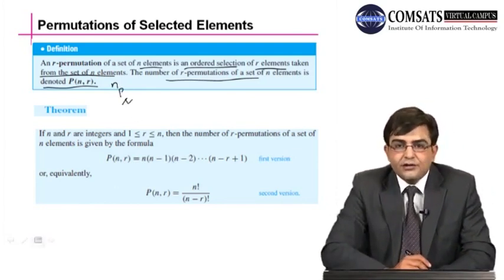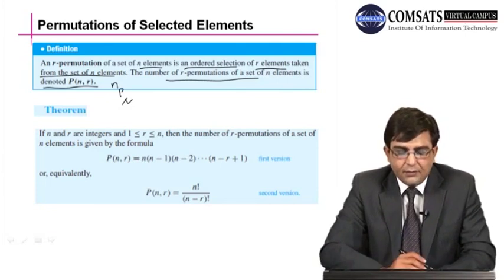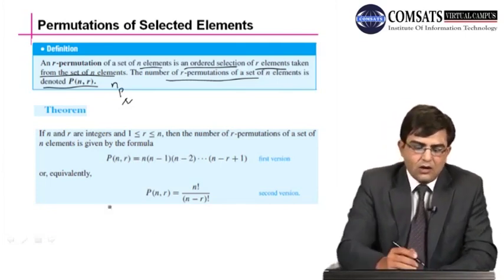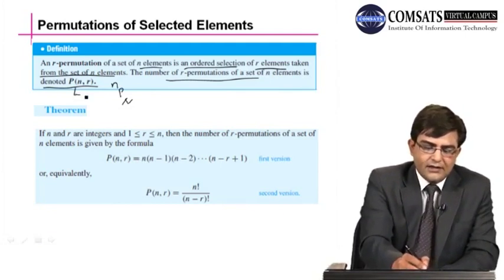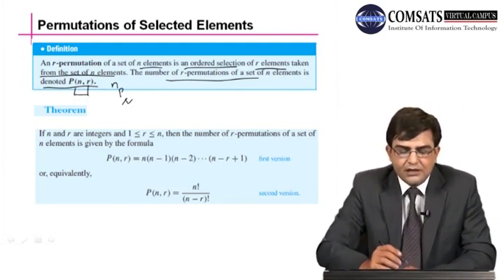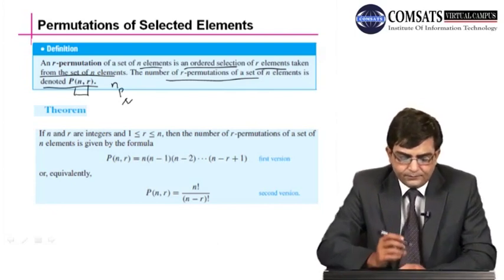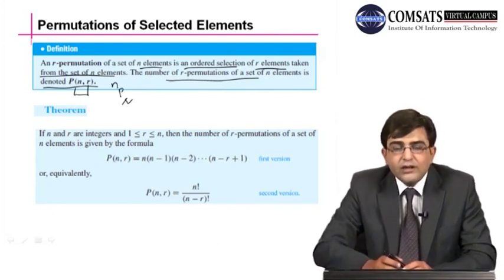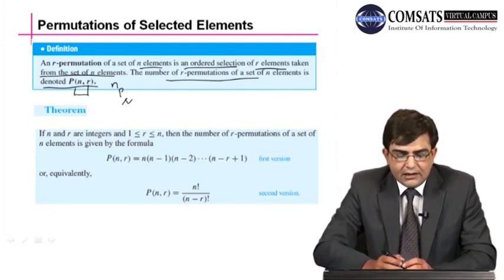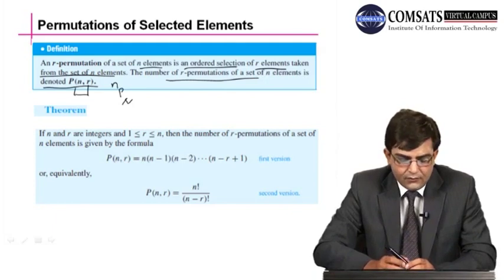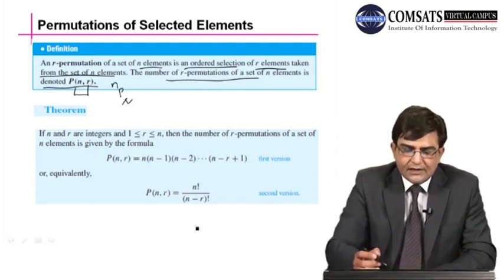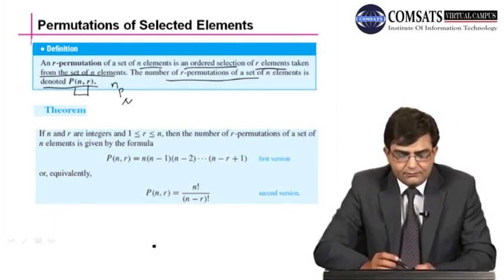This is another notation which in some books you will see, this notation nPr, or in the book of Susanna you can see this notation P(n, r). Now how can we calculate r-permutations out of n elements of a set? This is basically an ordered selection.